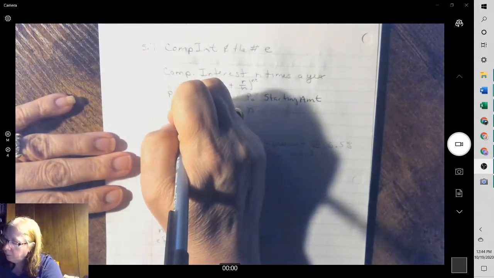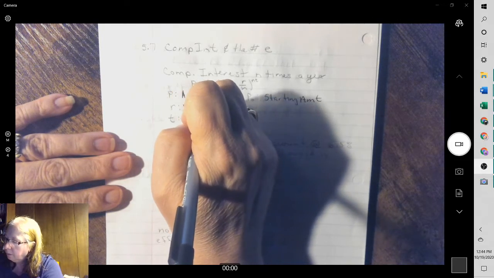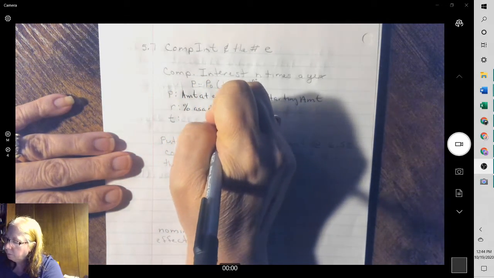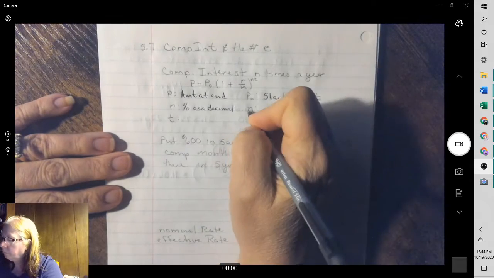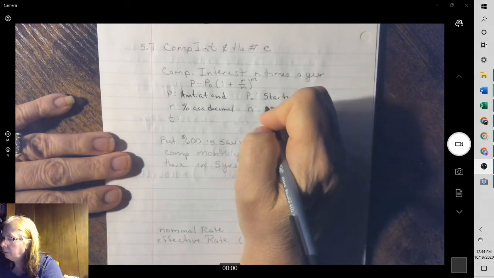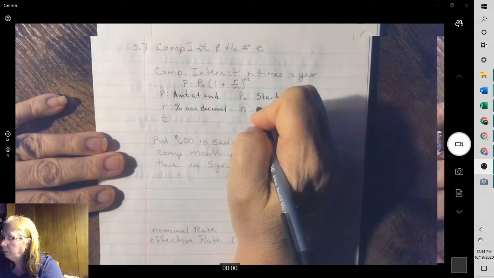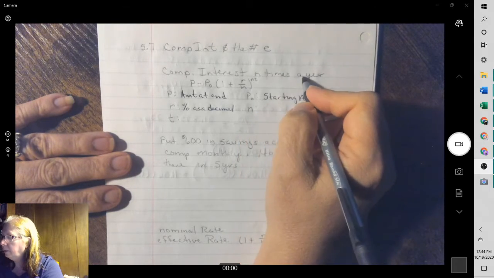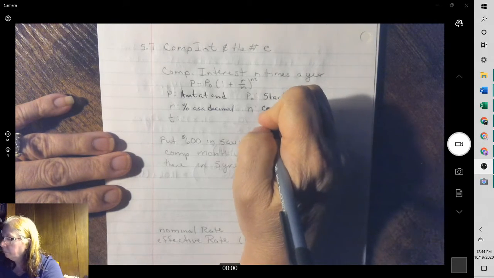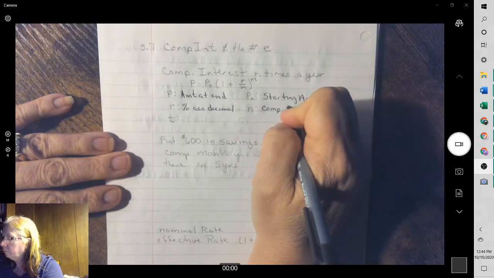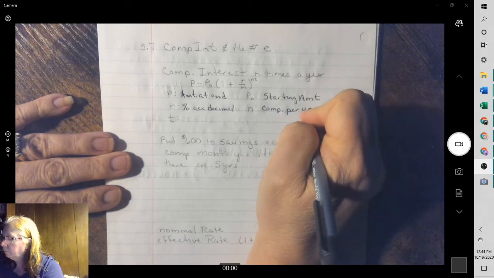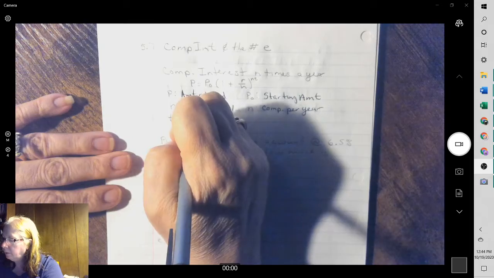R is the percent as a decimal. N is how many times it's compounded, like how many times a year. And T is the number of years.